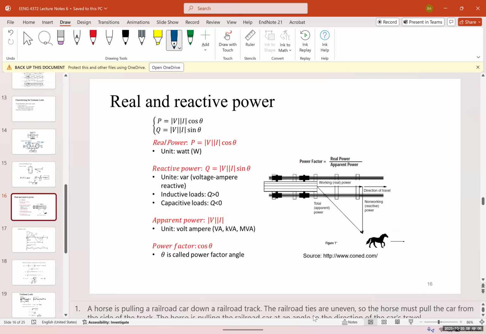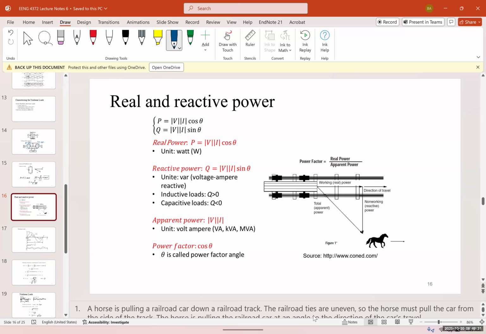Now, this is an illustration of what power factor looks like. Imagine we have this horse that's pulling a carriage, for example. If the horse is aligned with it, it's going to be perfect, meaning the real power and apparent power are aligned. The reactive power is 0, and that's the best case scenario.